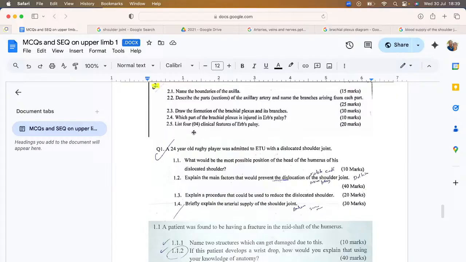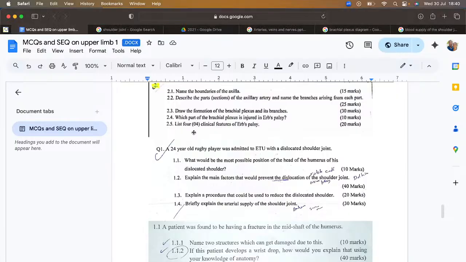There will be numbness because there's loss of sensory supply to the skin. There could be complete or incomplete paralysis of the arm. And there will also be loss of range of motion.